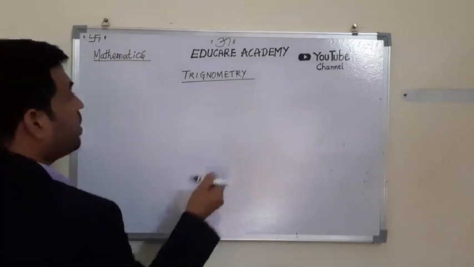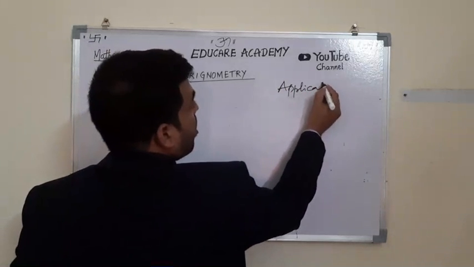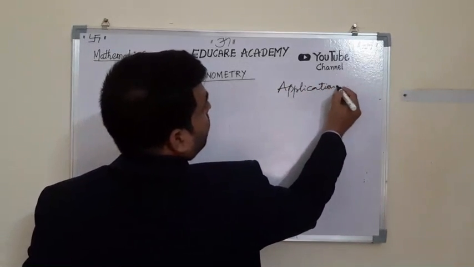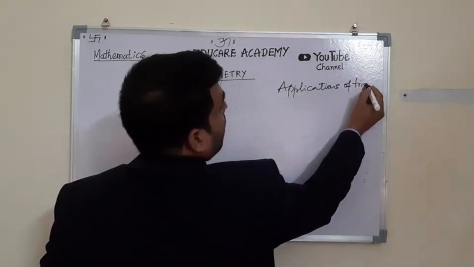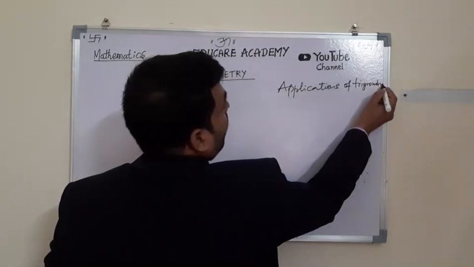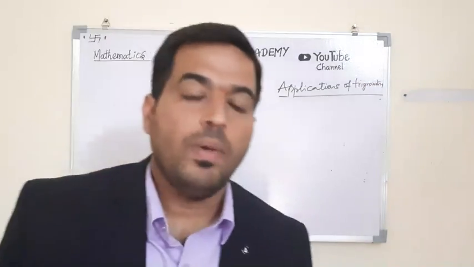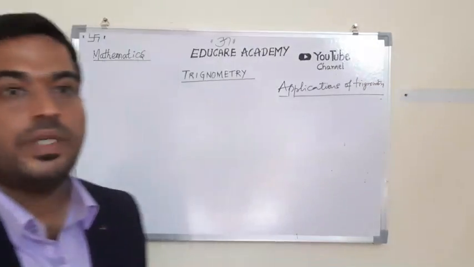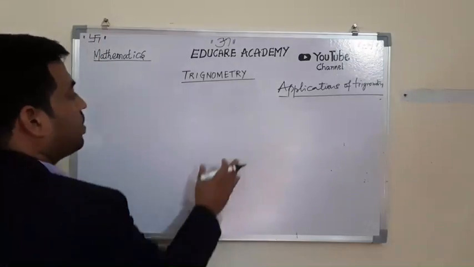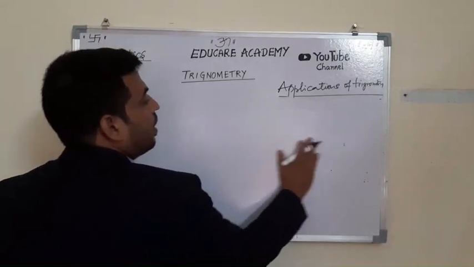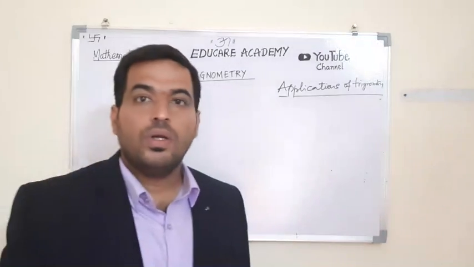I'm going to solve a very small problem which gives an application of that. Where do we use trigonometric applications? In astronomy, in day-to-day life, to find out the angle of elevation.